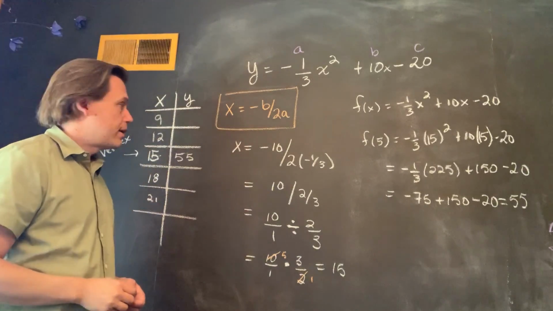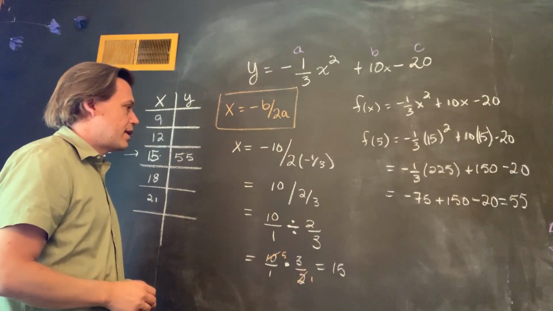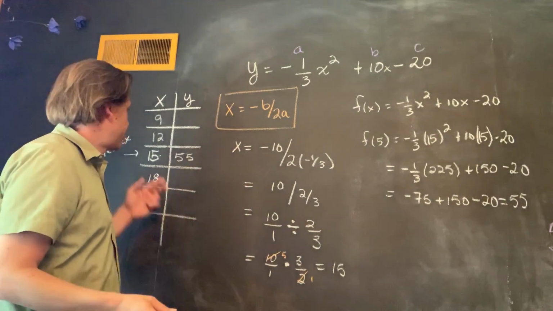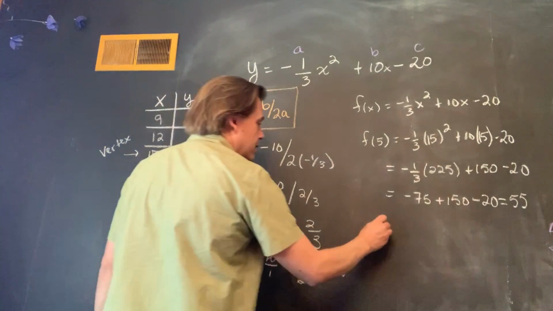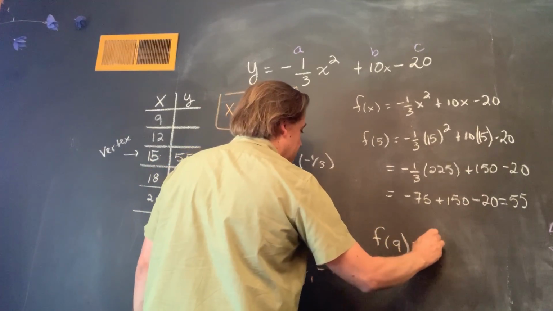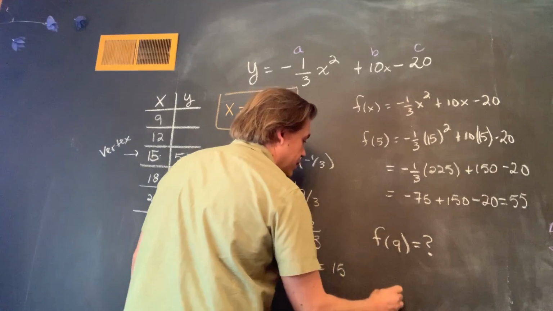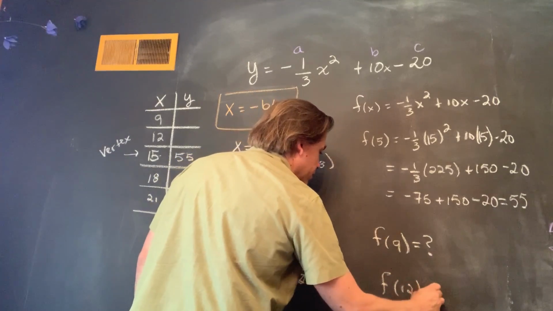So now I've got everything going by 3's, and to get a graph of this, to finish off this table, I need to find out what is f of 9, and then I need to find out what is f of 12.